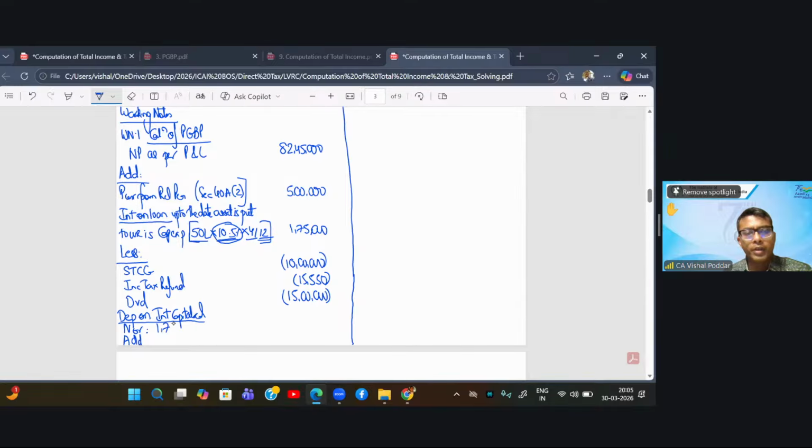So 175 into the normal rate of depreciation. Now this is capitalized in which asset? It is capitalized in plant and machinery. The rate of depreciation for plant and machinery is 15%, but I have to take half. Why half? Because the asset is put to use for less than 180 days, so you take only half of the depreciation. Similarly, the additional rate is 20%, and again for additional you will take half. Correct?